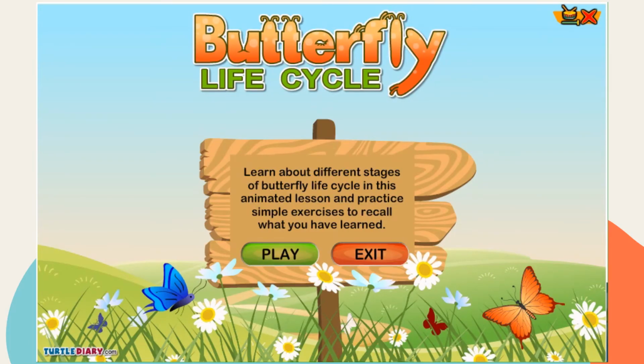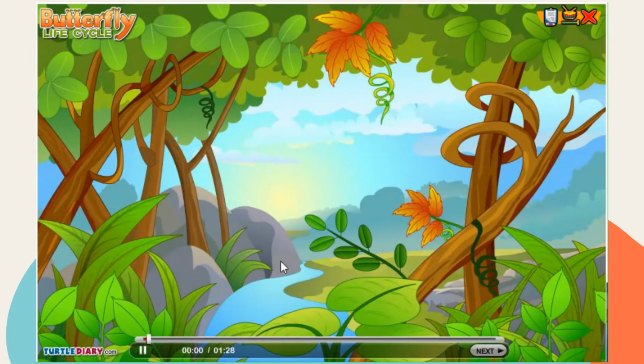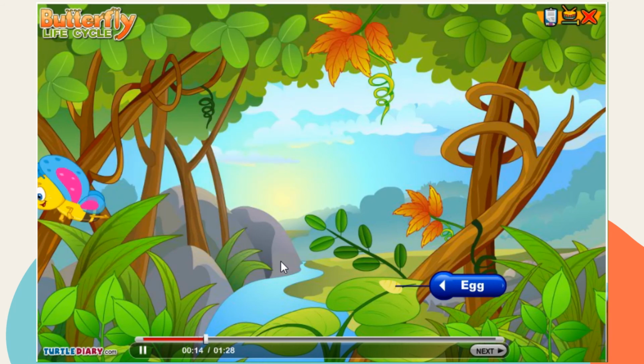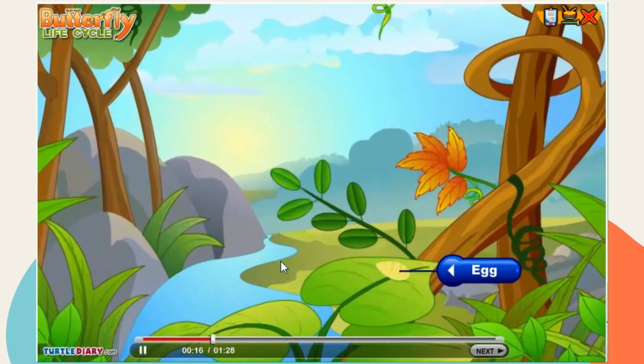Another game about stages of a butterfly's life cycle. Play. Many insects, like butterflies and moths, have 4 separate stages of life cycle, each of which looks completely different and has a different purpose in the life of the insect. A mother butterfly lays eggs on fresh green leaves or stems.